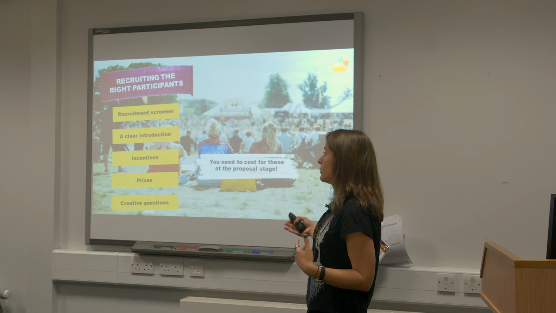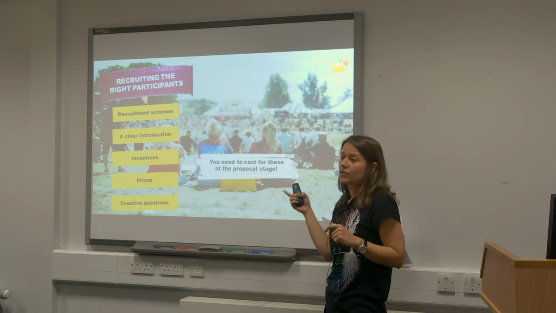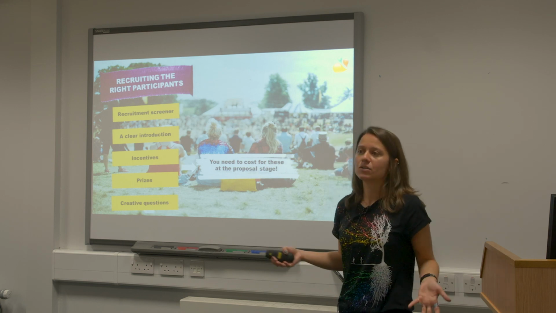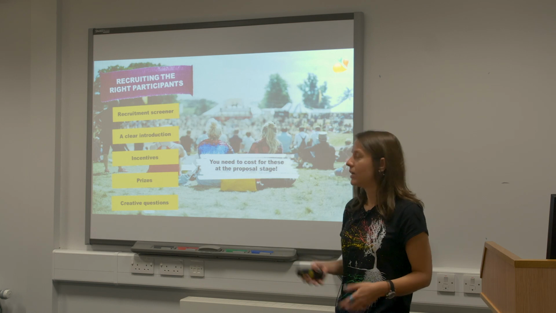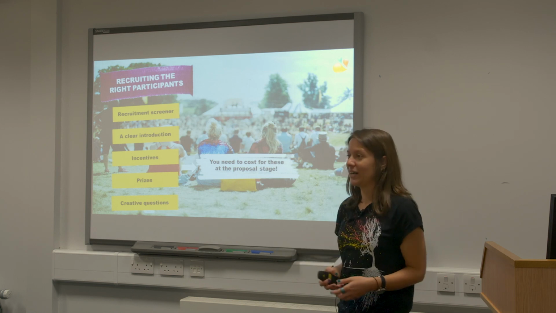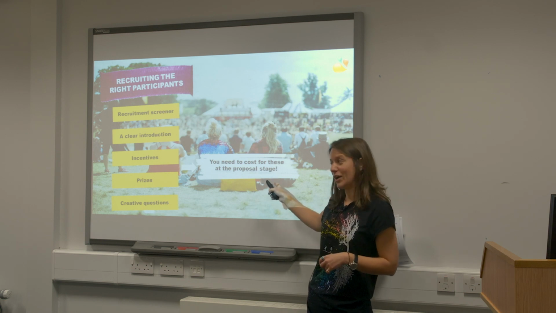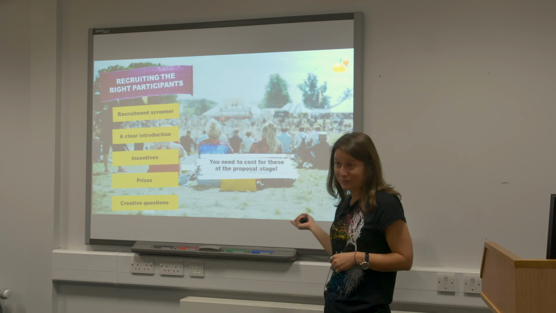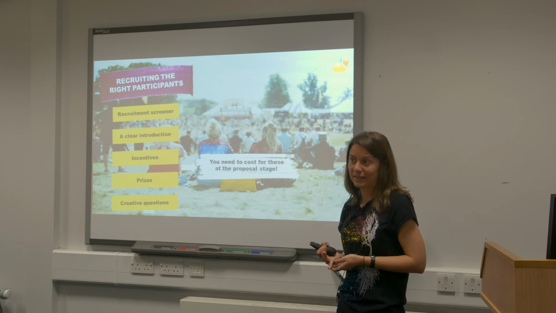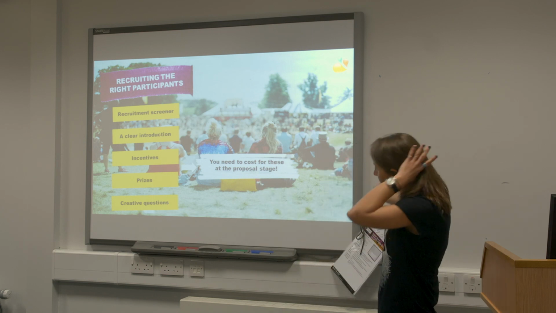If it's a long-term community, to keep people engaged, we would also factor in prizes like best comment or best respondent or best visual contribution or whatever, so that they're a bit more motivated to contribute. You need to cost for these when you write your proposal and you apply for your research grant, because it can be a lot of money depending on the number of participants that you have in. So don't forget to include this.